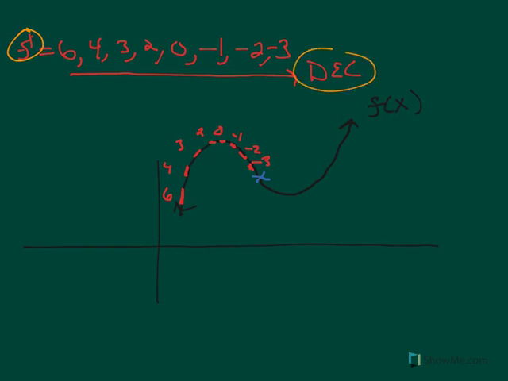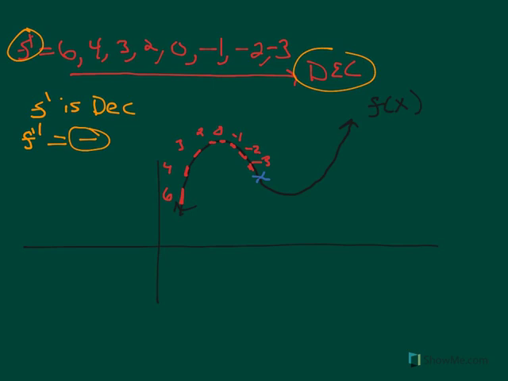Which function would talk about the increasing or decreasing behavior of f single prime? That would be its derivative, f double prime. So if f single prime is decreasing, then f double prime, its derivative, would need to be a negative value to say that f single prime is decreasing.